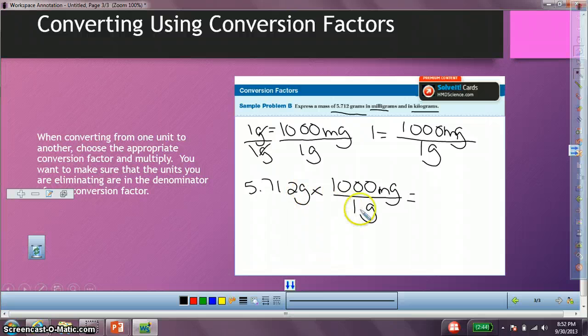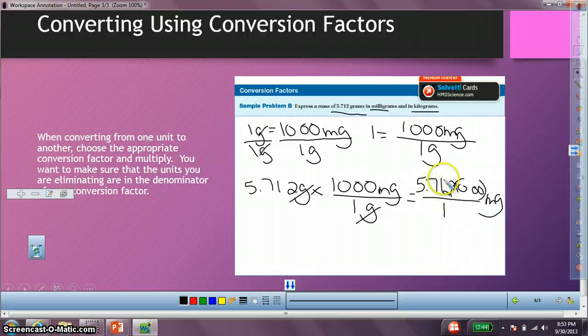Here we have grams divided by grams. Those units are going to cancel. We're left with 5.712 times 1,000 all over 1, and the only unit that we have left is milligrams.